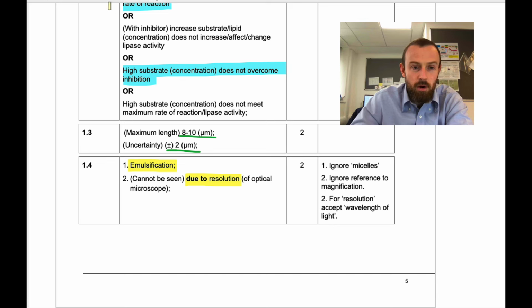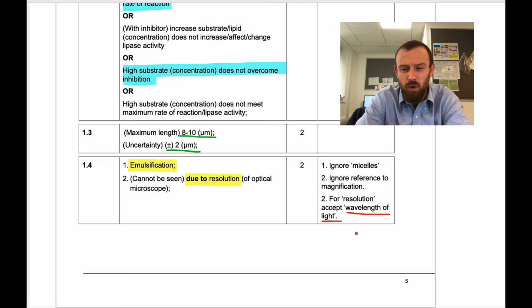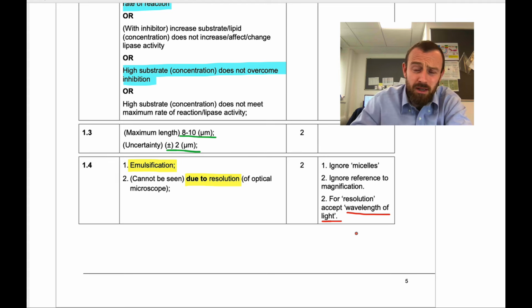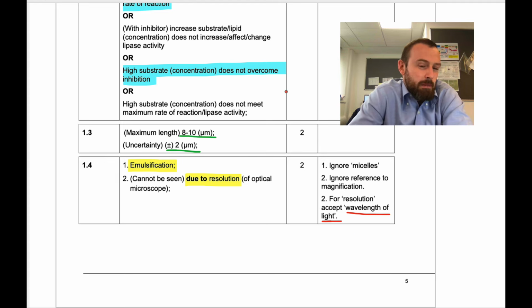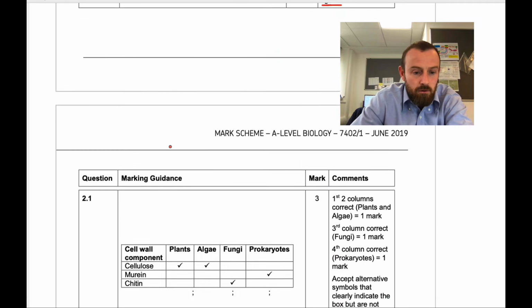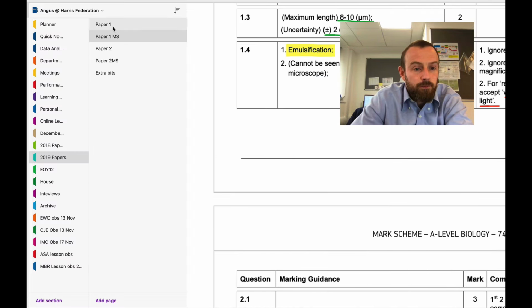You could get a mark, it does say over here to the right, if you're talking about the wavelength of light, so the wavelength of light is too large to be able to see the droplets. You could have talked about it that way, but maybe easier to just say resolution. All right, let's move on to question 2.